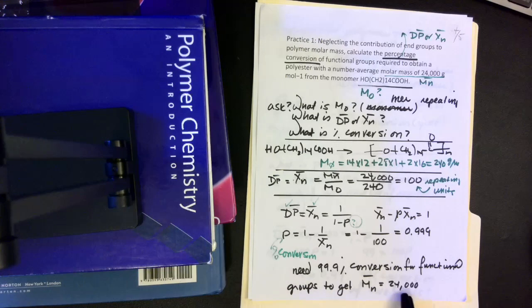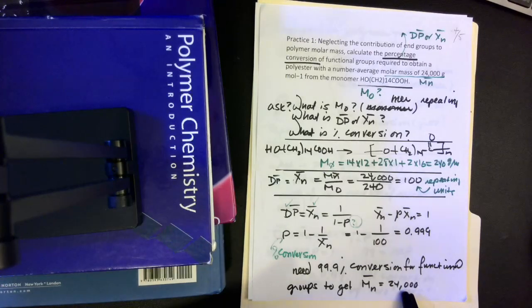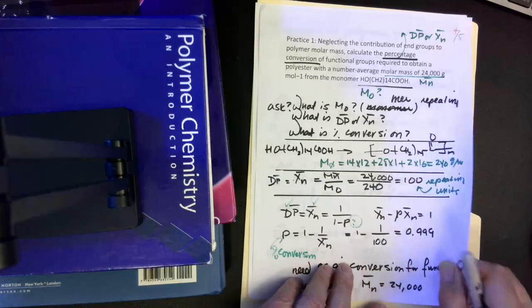Really high percent yield, high percent conversion. Monomers have to be very clean. The vessel has to be clean. And we have to have patience to make sure that we do get to 99% conversion.